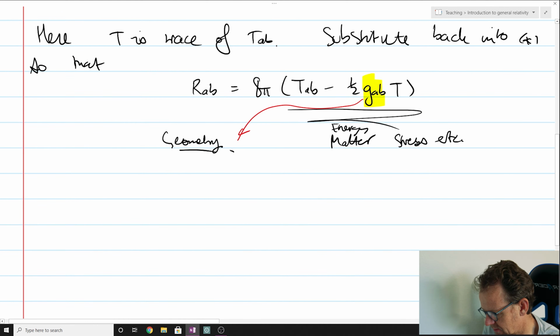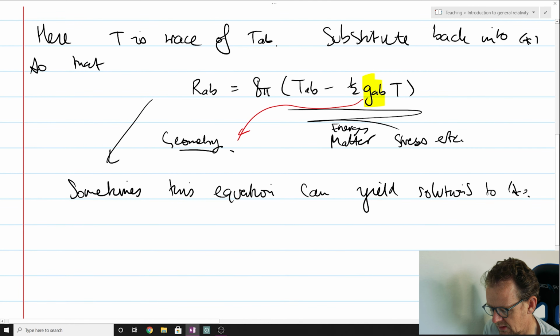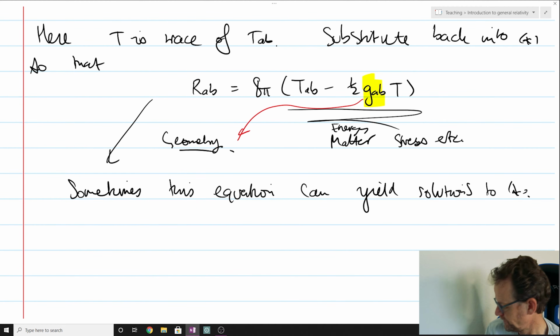But sometimes this formulation of Einstein's field equations could yield solutions for specific cases with lots of symmetry.